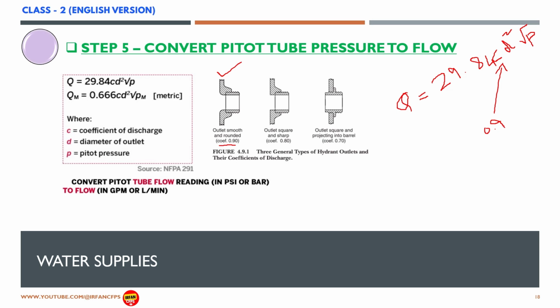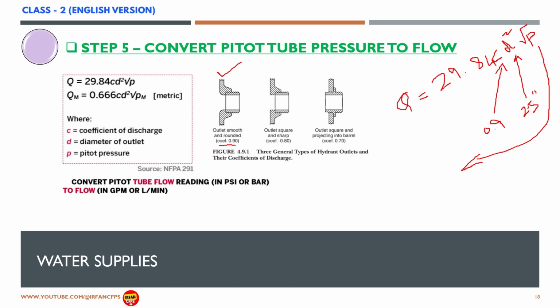and D is the diameter of the outlet. We have seen that the diameter of the outlet from the hydrant is 2.5 inch, and we need to have P. P is the pitot tube pressure, which will be noted from the flow hydrant.